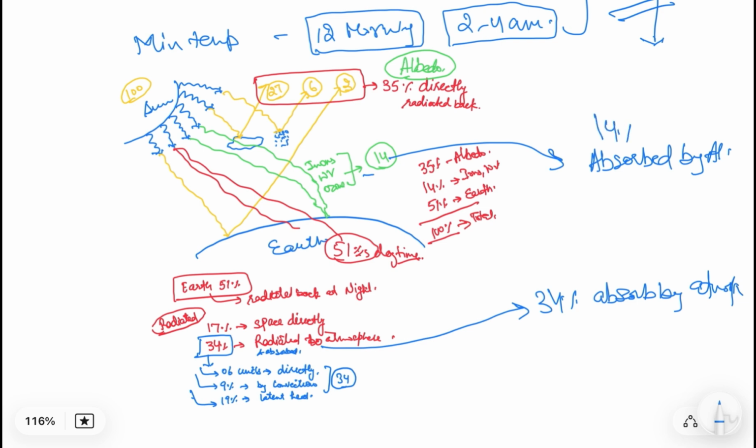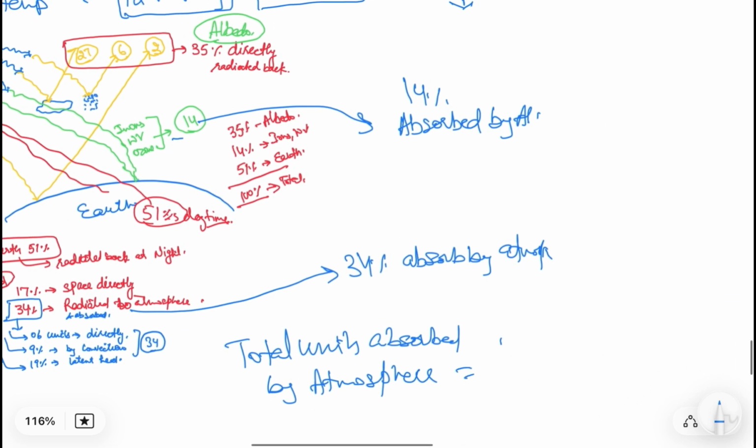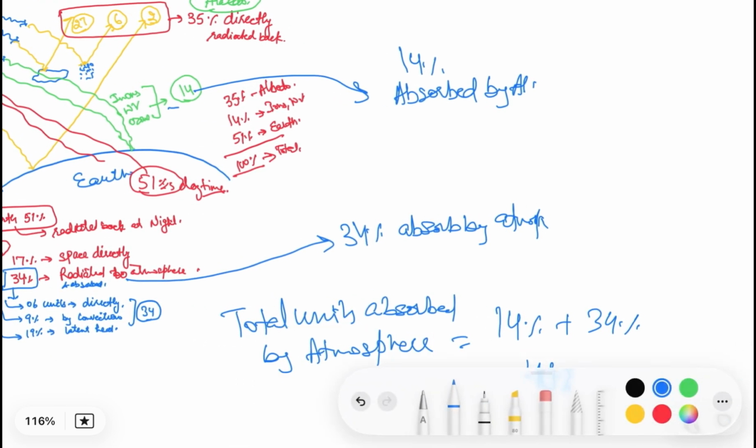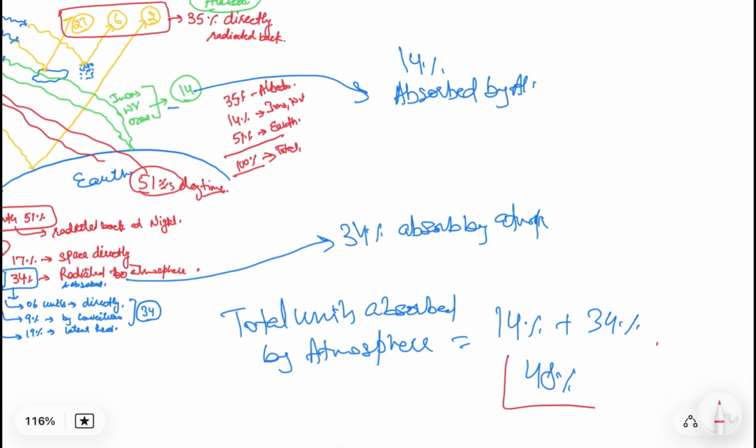So the total units absorbed by the atmosphere is 14% plus 34%, that is 48%. This is the total absorbed by the atmosphere.